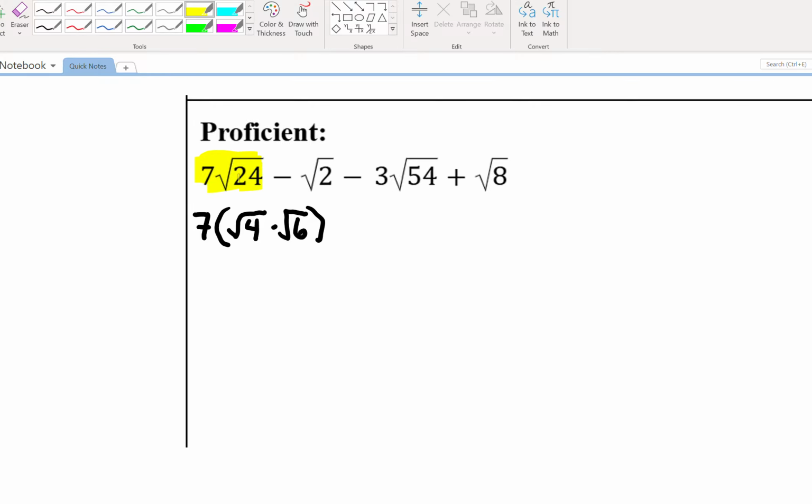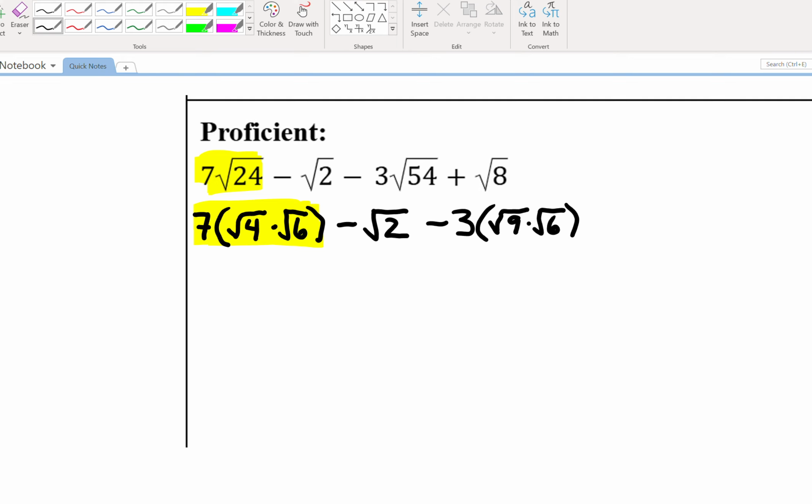And so this one is still equal to what it was before. And then I've got minus the square root of 2, and that's just going to stay the same. Minus 3 times the square root of 54, that is the square root of 9 times the square root of 6.